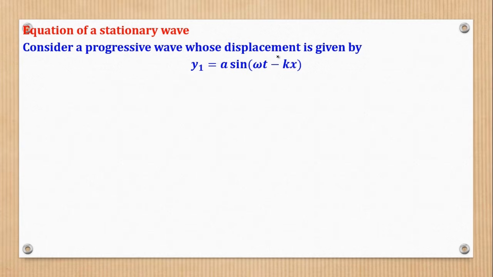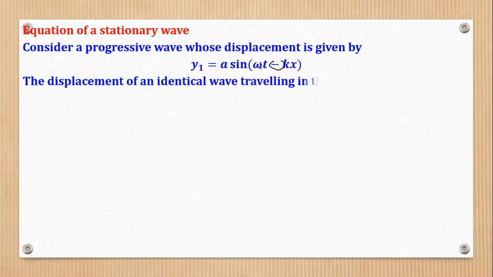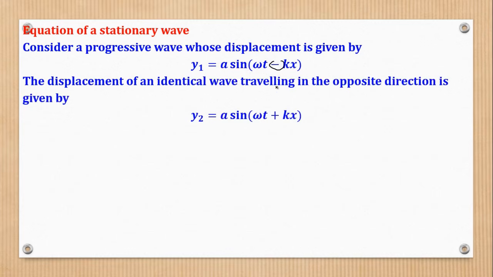So what is changing is the direction, meaning if this is minus, the opposite direction will be plus. That is why you see this one has changed to plus here, because this one was moving to the left and this is now moving to the right.